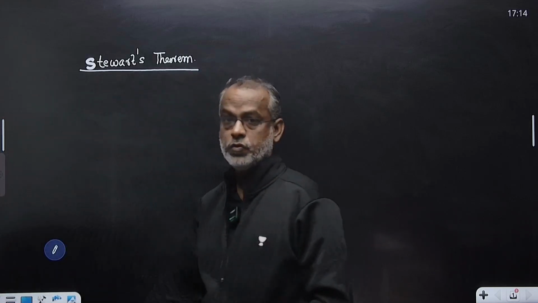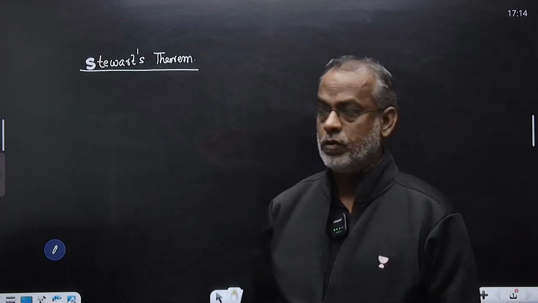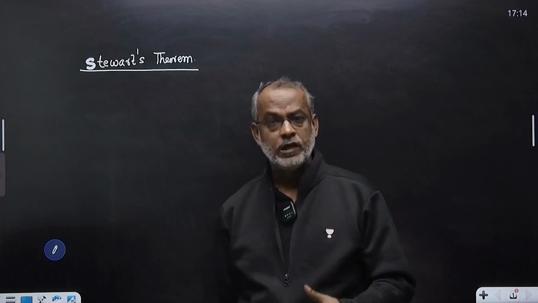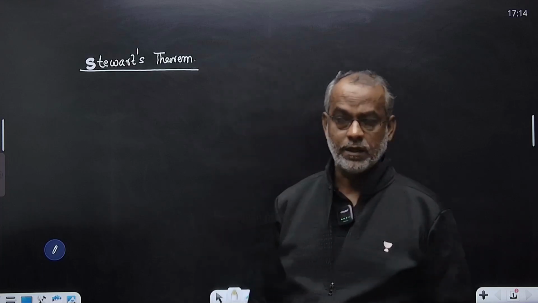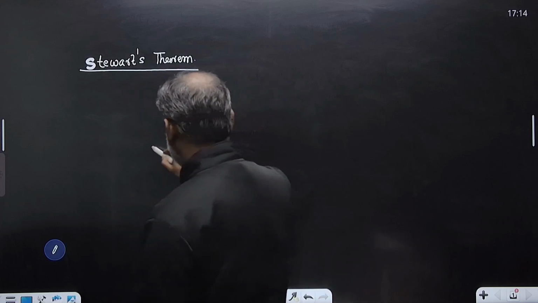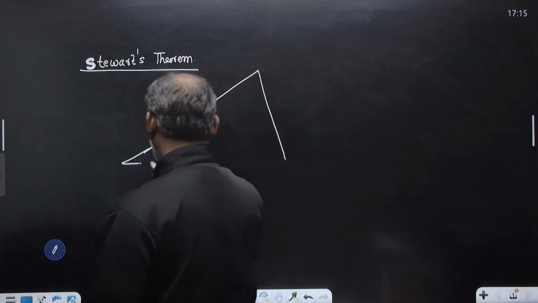We will also go through Ceva's theorem and Menelaus theorem today, okay? And then we will see how we apply them in problem solving insofar as triangles and quadrilaterals are concerned. These theorems as such are related to triangles only, okay?